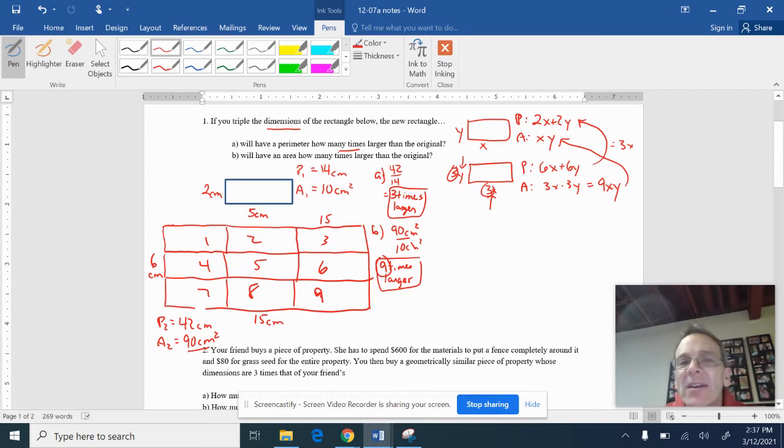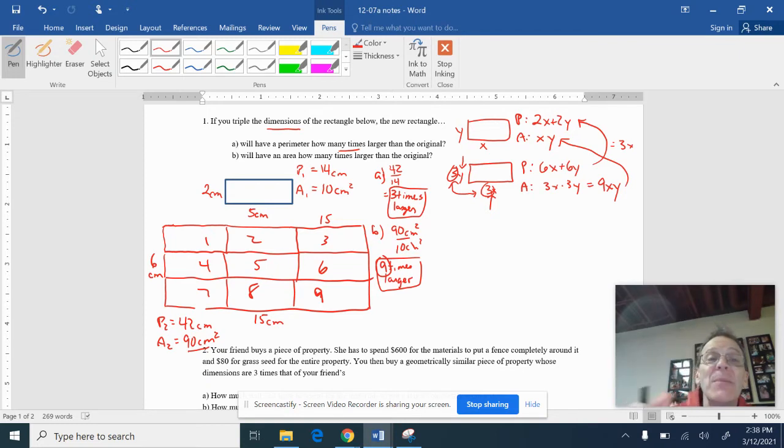And so we end up multiplying the area by this 3 times this 3, or 3 squared, right? If we had multiplied the height by 5 and the base by 5, we would end up multiplying the original area by 5 times 5, or 5 squared.